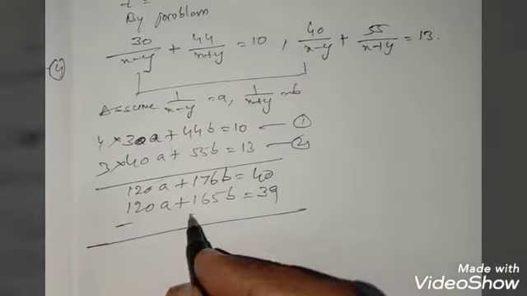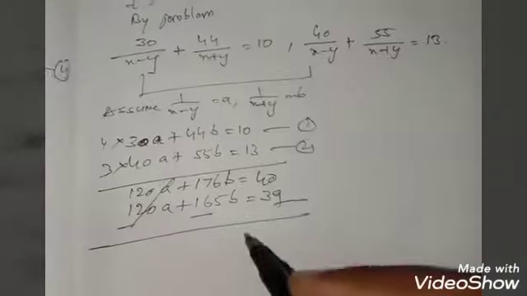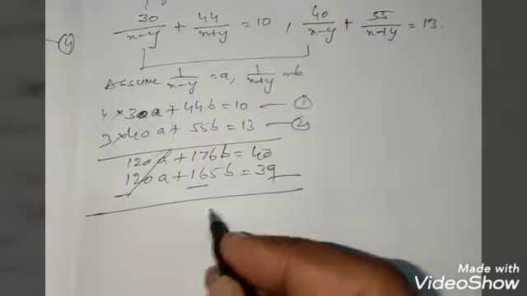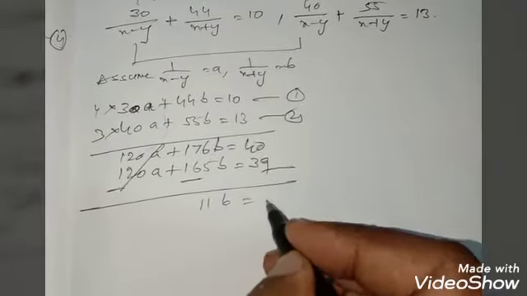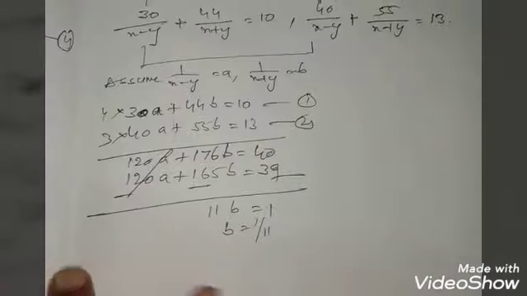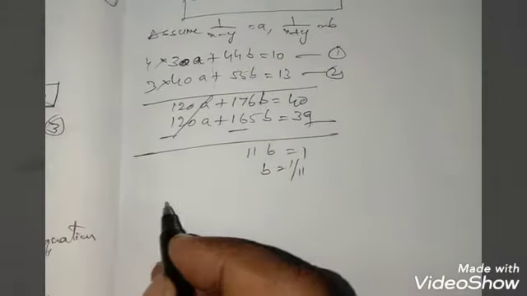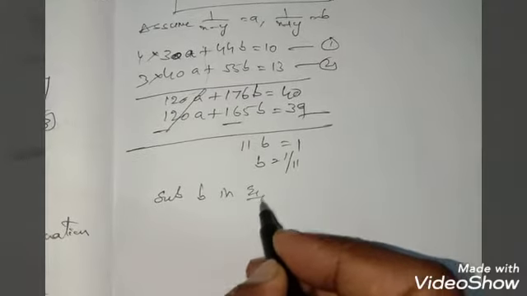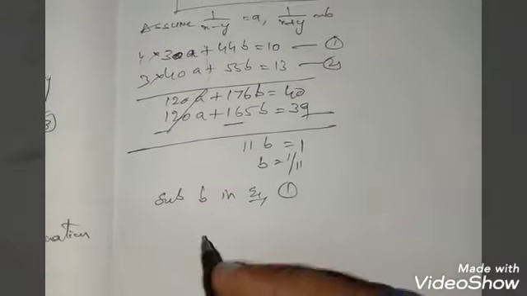Now if I subtract, the variable a will be cancelled. Here 176 minus 165 is nothing but 11b, and on the right you will get 1. Now b is equal to 1 by 11. After finding the value of b, substitute b in equation number 1.